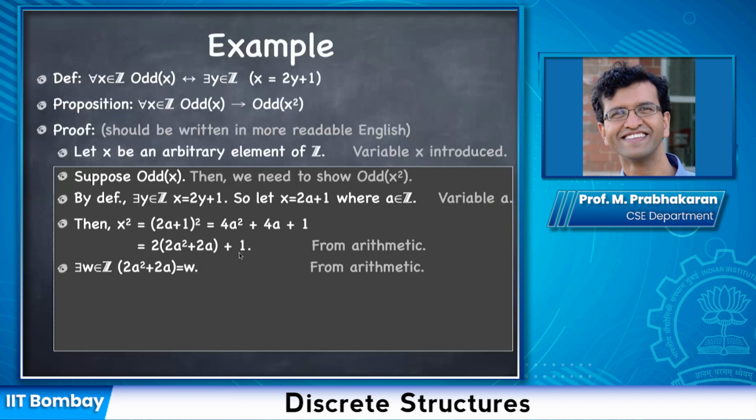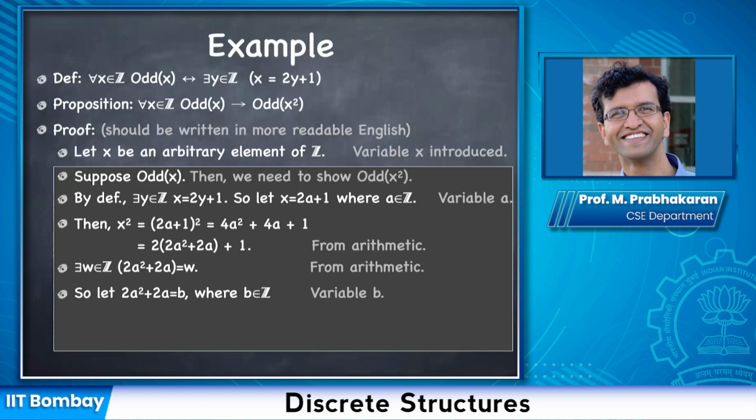And from arithmetic again, you know that this 2a squared plus 2a should be an integer. There is some integer which equals 2a squared plus 2a. Because a is an integer, all these operations will yield integers.